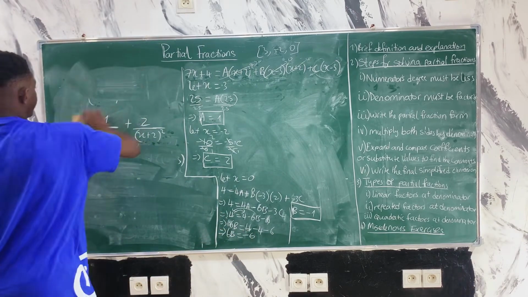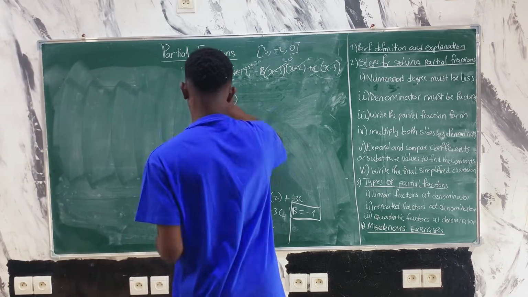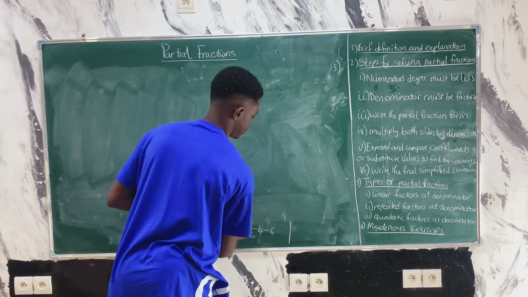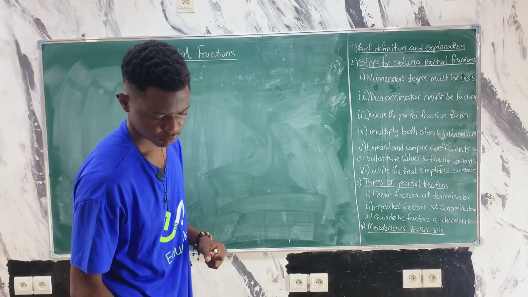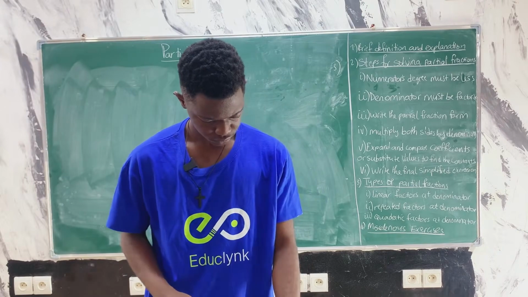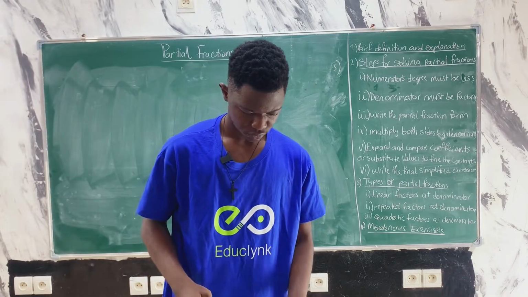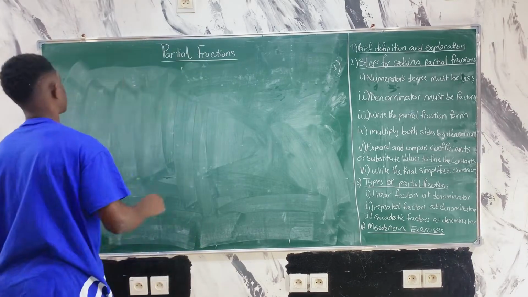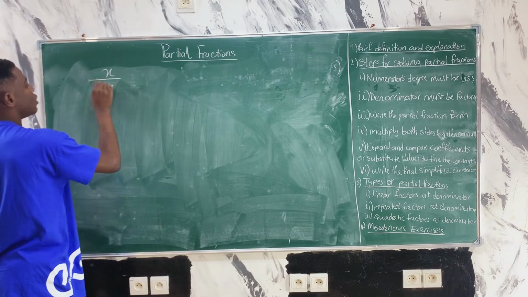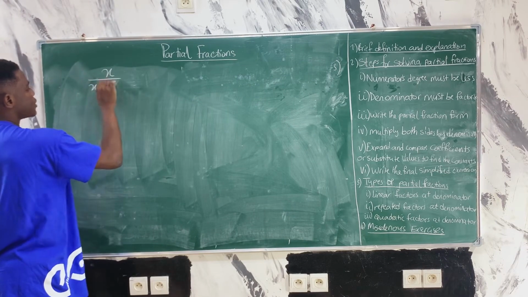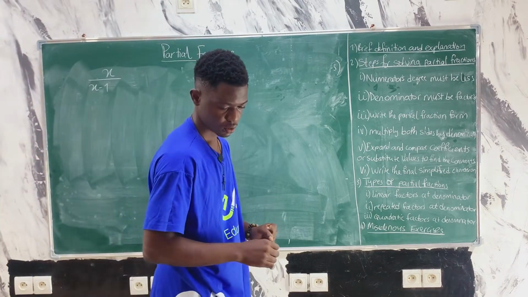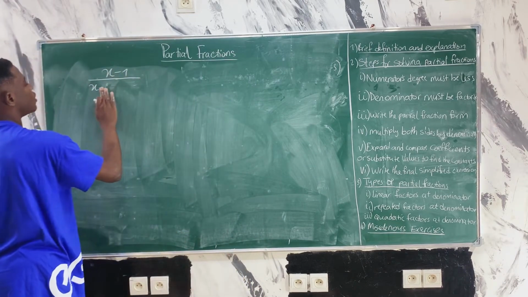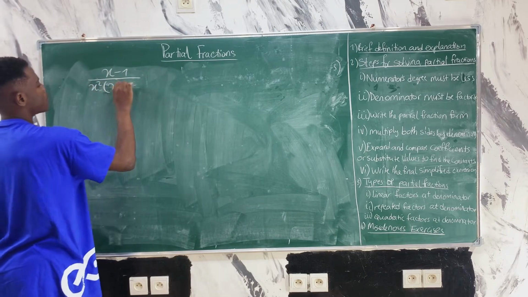So we have x on x minus 1, x squared, x plus 1.